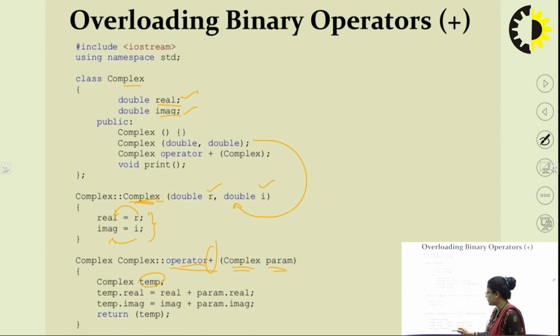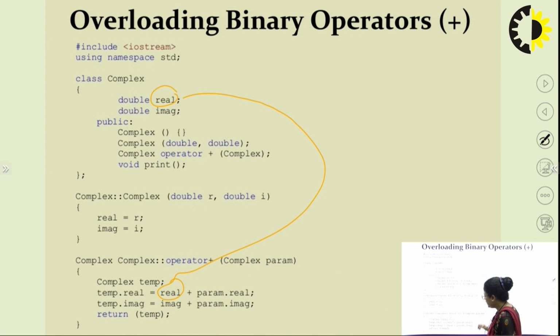We take the real part of that particular class and add the real part of the object being passed to it. The reals add up, and the new value is assigned to the real part of the temporary object temp that we are creating. Similarly, the same thing happens with the imaginary part.